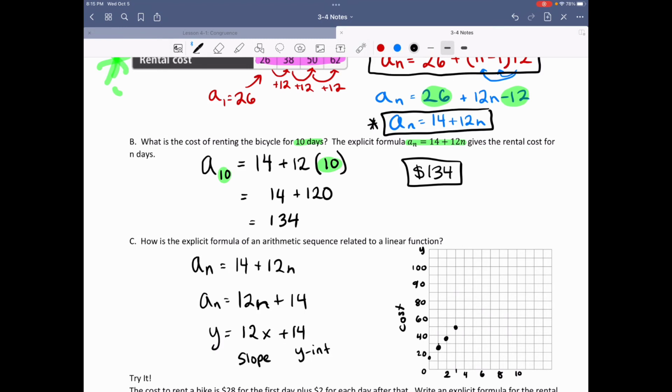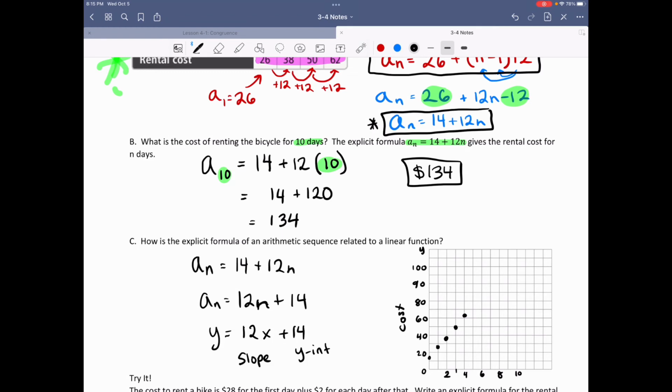And then we have 4 comma 62, so about here. And you can see I'm not actually going to connect these because, let me put that one back. It was 1 comma 26. I'm not going to connect them because this is a discrete function.